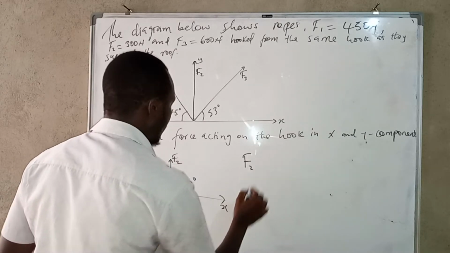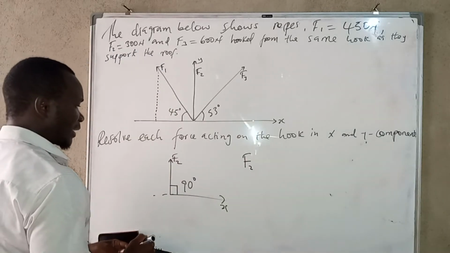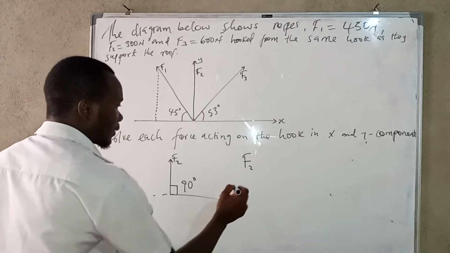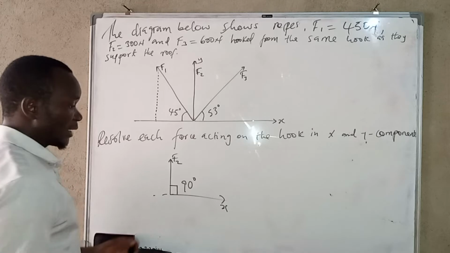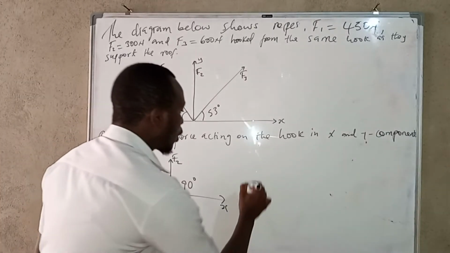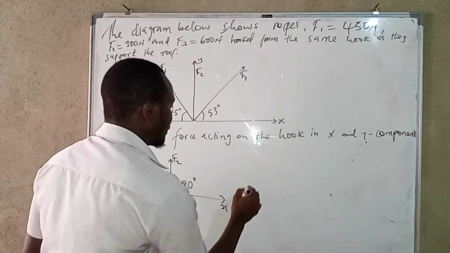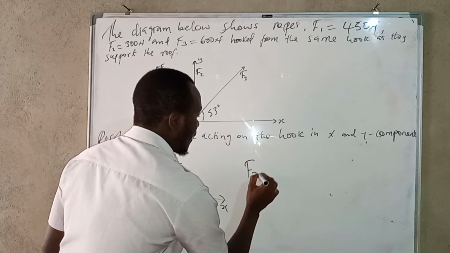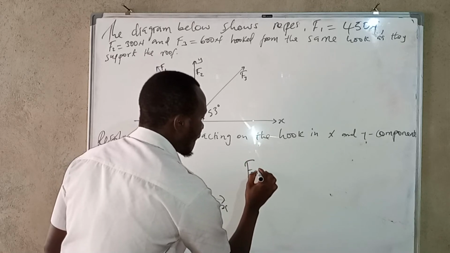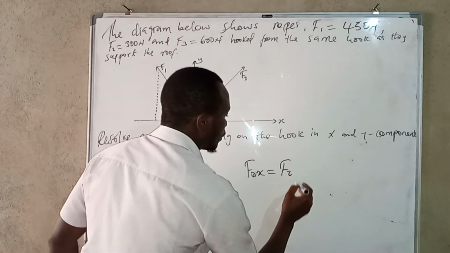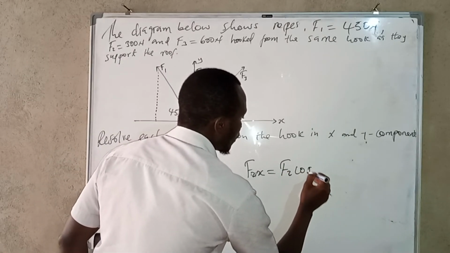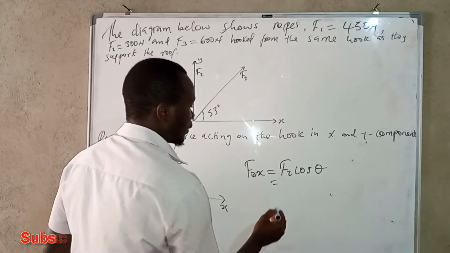Since it is at 90, in x we are going to have F2x, which is F2 cos theta, which will give us F2 cos 90 degrees. This will just give us a 0.